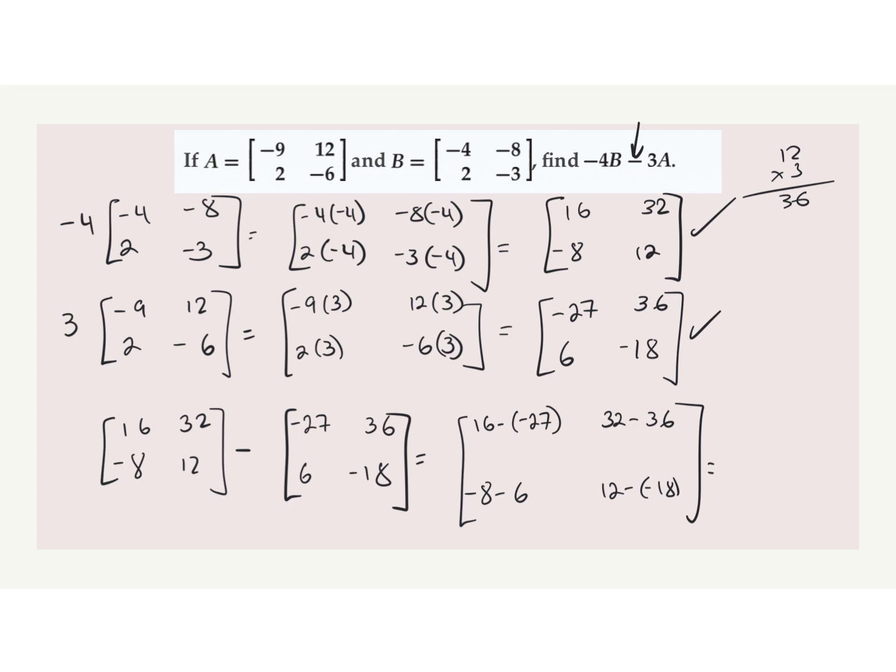So my final matrix is going to be, remember 16 minus negative 27 will become a positive, so it's going to be 16 plus 27, which is going to give me 43. Then 32 minus 36 is going to give me negative 4. Then we have negative 8 minus 6 is going to give me negative 14. And then we have 12. Remember, minus negative 18 is going to become a positive, so it's going to become 30. So that will be your final answer.